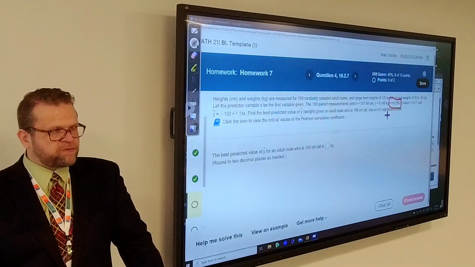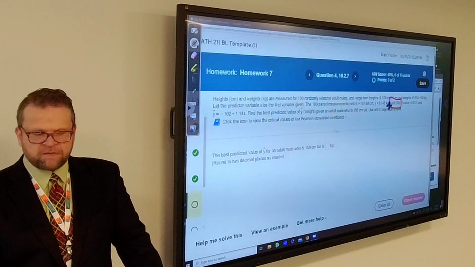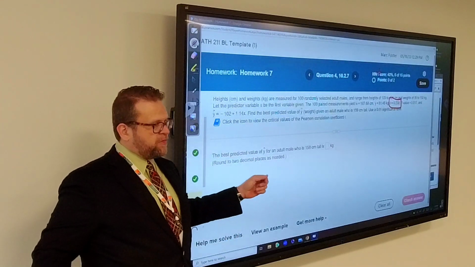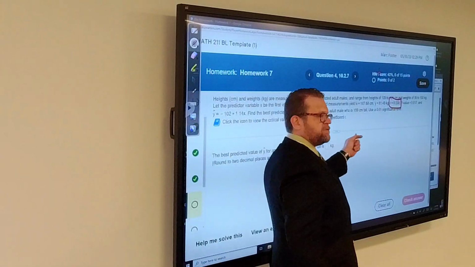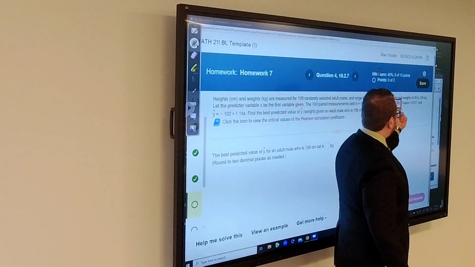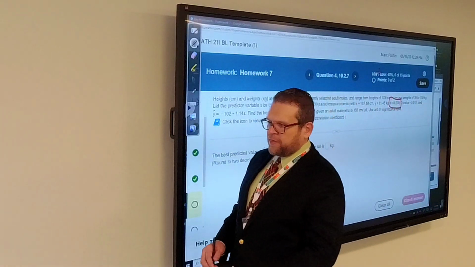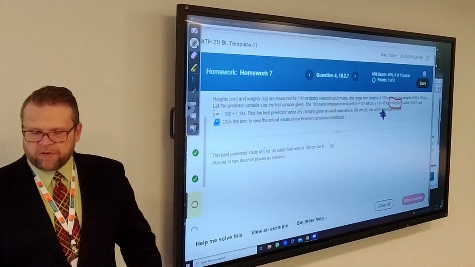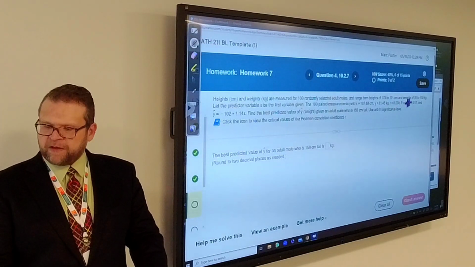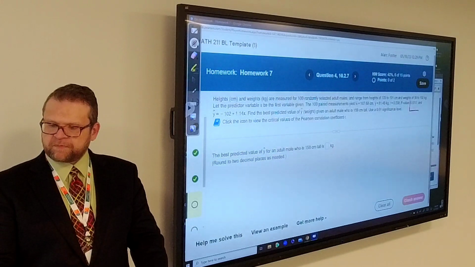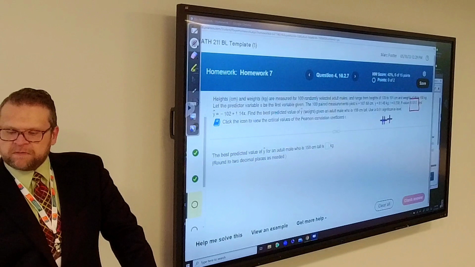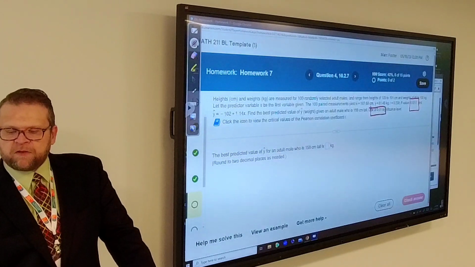So the correlation is positive. It is the case that as height increases, weight increases, but it's not that strong, at least in this sample of 100 people. It's not that strong. And looking at the p-value, p-value is pretty low. It's just not low enough.